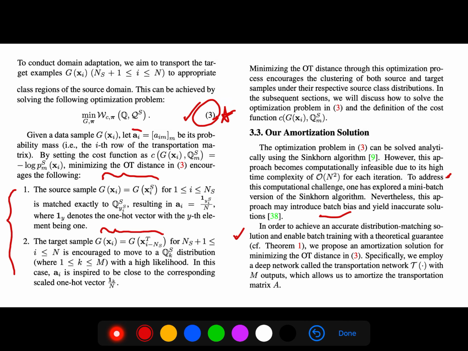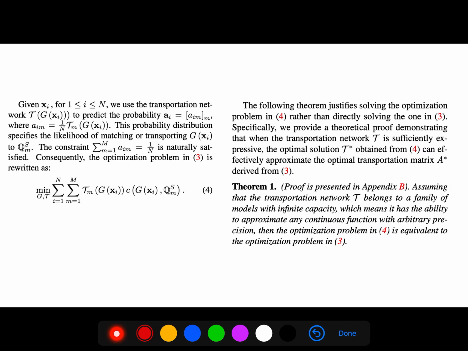So we employ a deep network called the transportation network with M outputs, which allows us to amortize the transportation matrix. Given x sub i, we use the transportation network to predict the probability. And this probability distribution specifies the likelihood of matching or transporting g of x sub i to q.